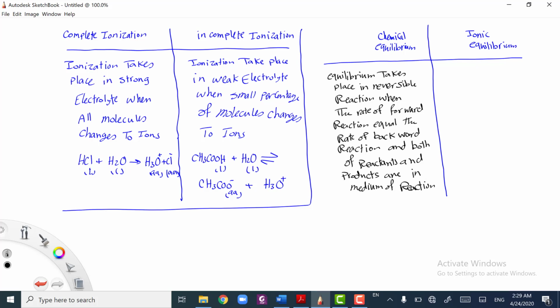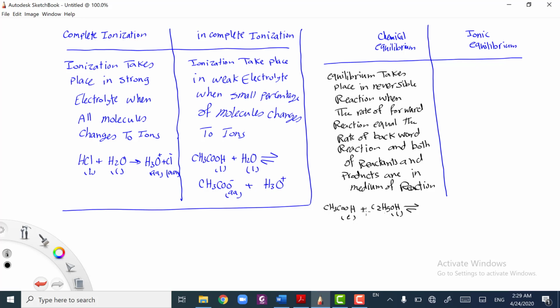As in the reaction between acetic acid CH3COOH liquid plus ethanol C2H5OH liquid, we will find the forward and backward reactions.